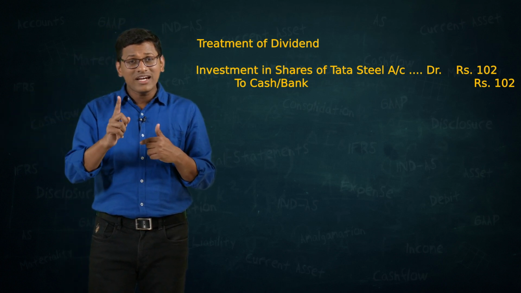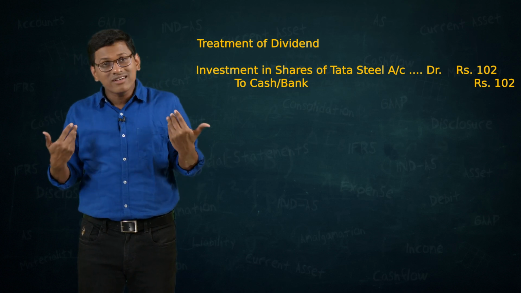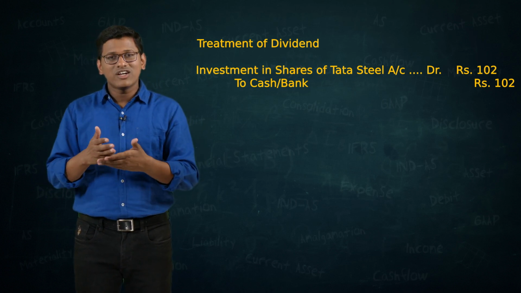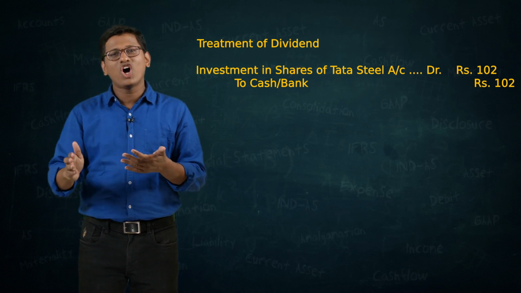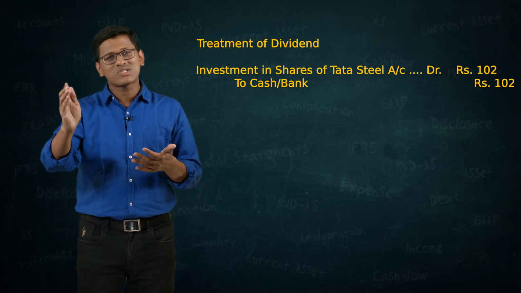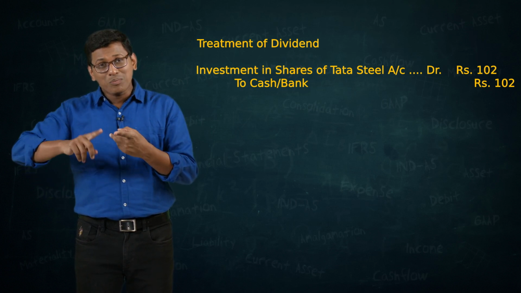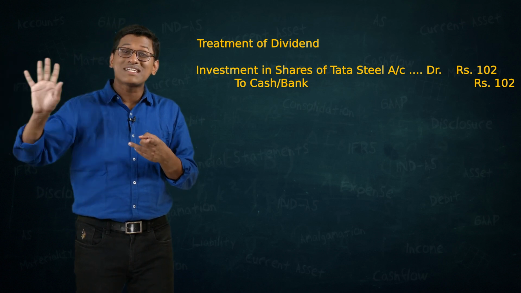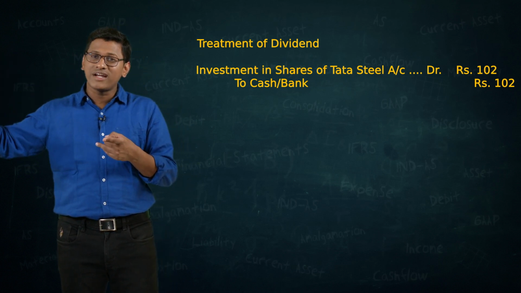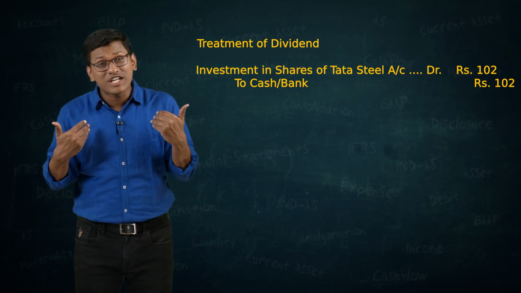When I say that period, you are getting dividend for a period for which you never held it. The investment you made into equity shares was on 1st of February 2018. Dividend is paid by Tata Steel for the period up to 31st of December 2017. For that period, dividend is paid by Tata Steel in the next period, and we received that particular dividend.